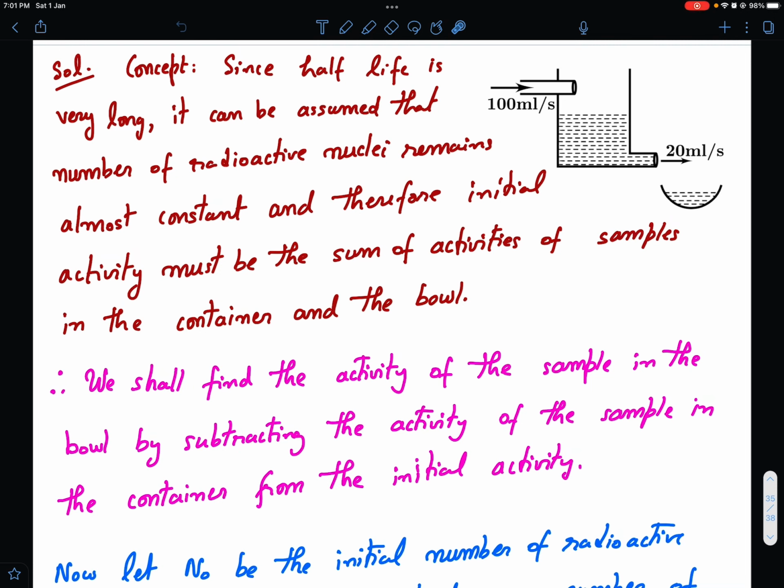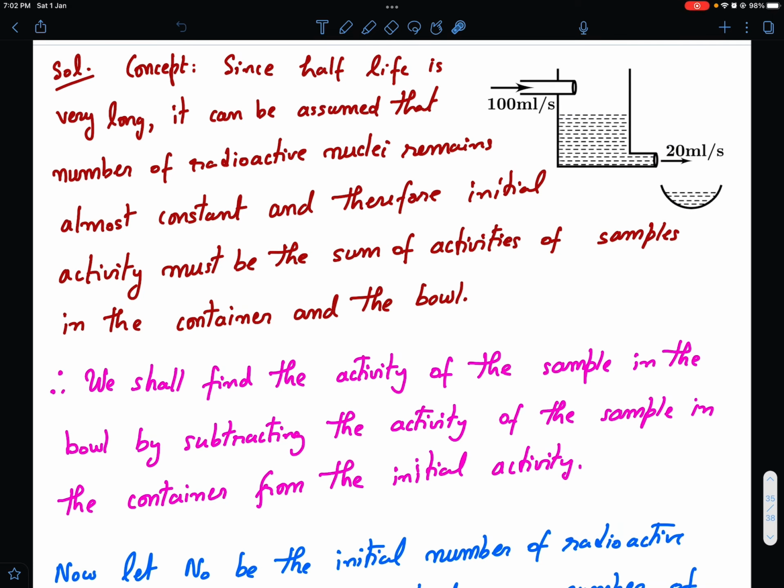Then you can safely assume that whatever is the activity at t equal to 0 seconds, the total activity at t equal to 5 seconds should still be the same. I'm not talking about the activity of the container itself, but the total activity. Since the total number of radioactive nuclei is almost the same, the activity of the container plus the activity of the bowl must be equal to the initial activity.